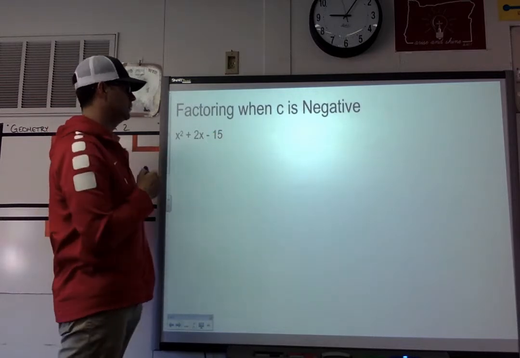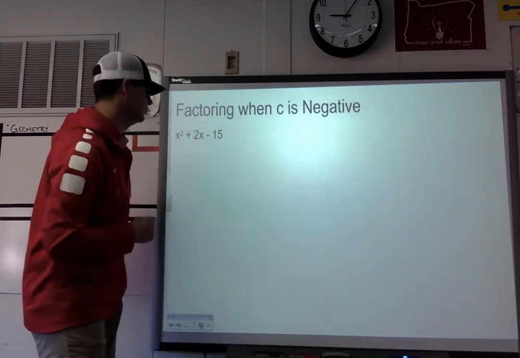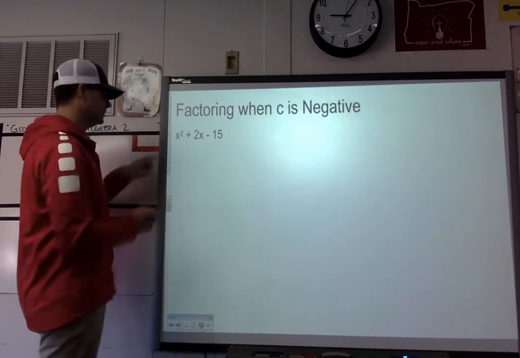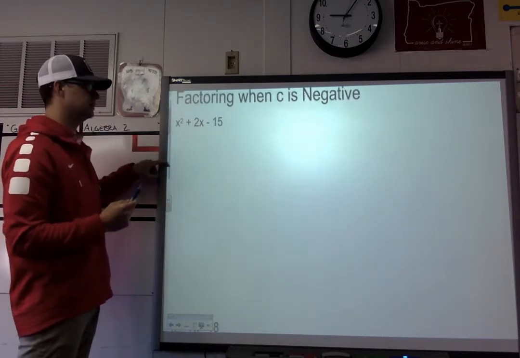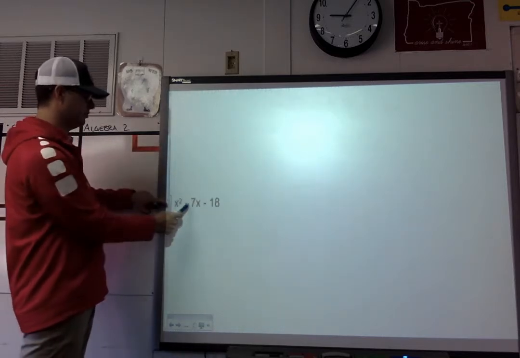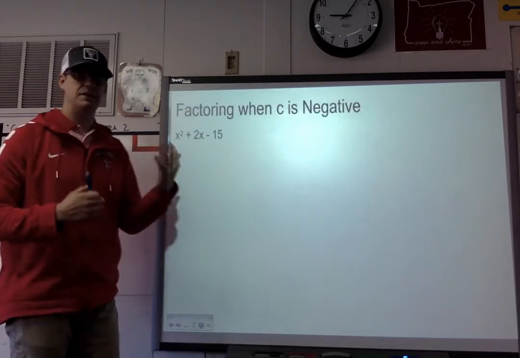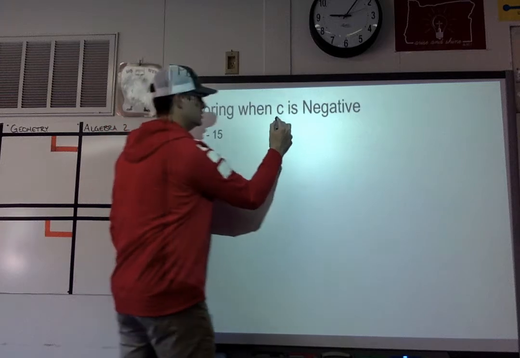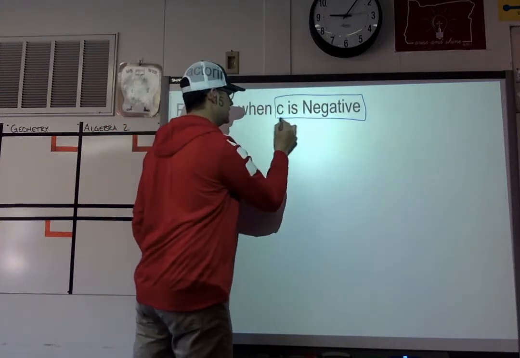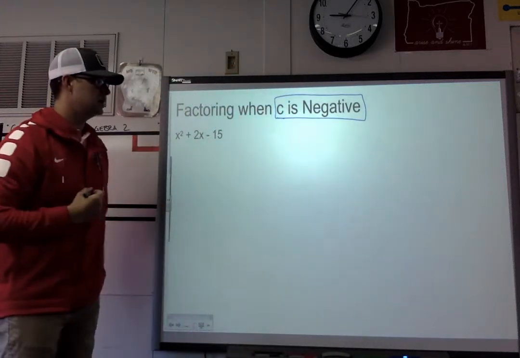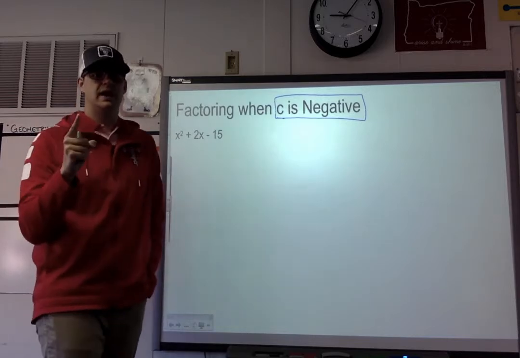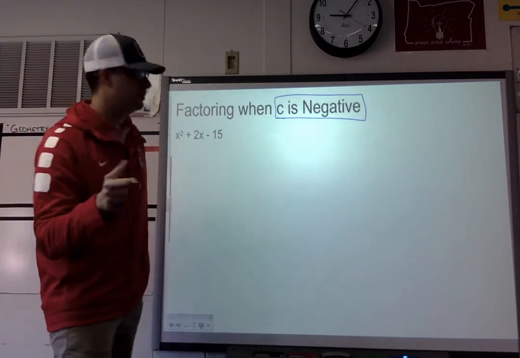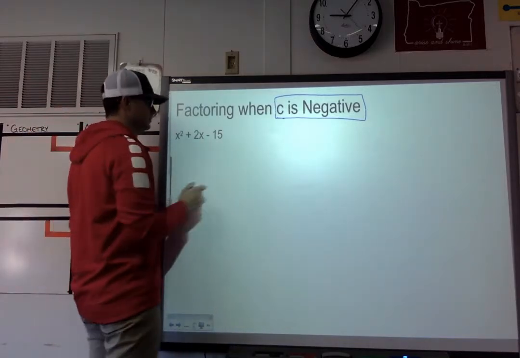Now we're going to have when c is negative. I know originally I said b is positive, c is negative, but b could be positive or negative here. But anytime you see a negative c value, we're going to have one binomial that's addition and one binomial that is subtraction.